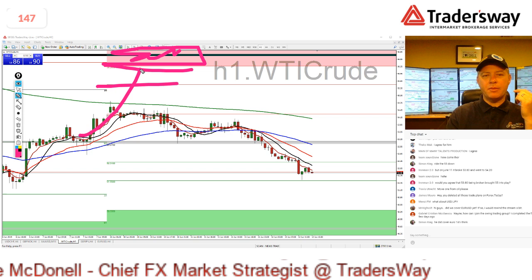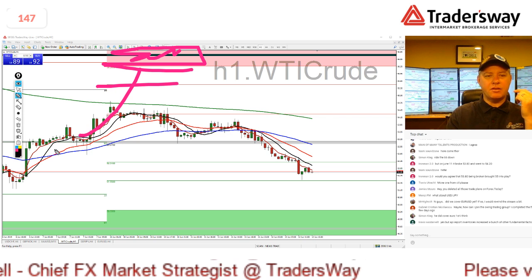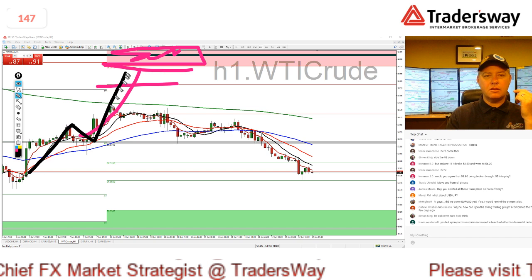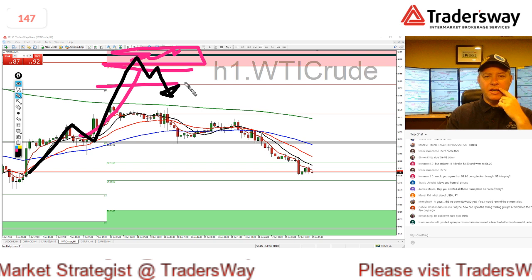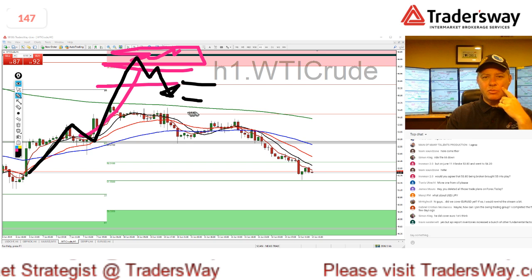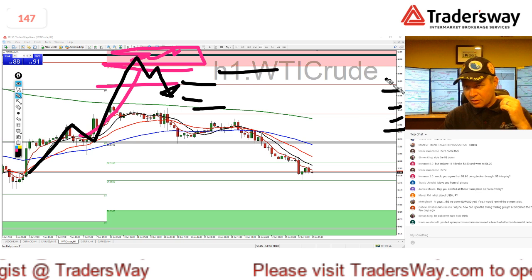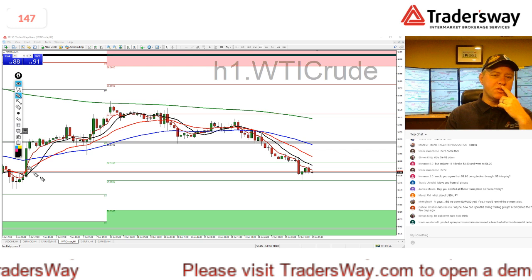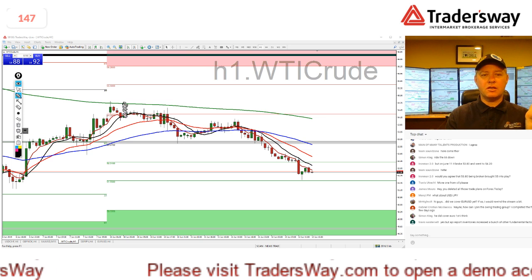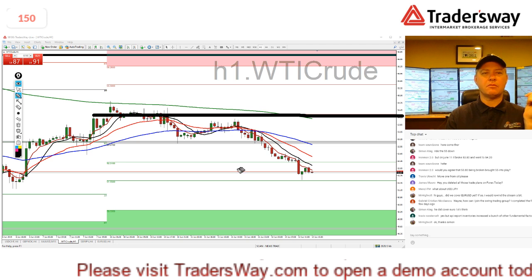So if we had popped up like this, Iron Man, then I would look for a counter trend. But I don't really care about this price or that price. And if they're psychological, I don't even really care. The only plan I would have as a bear for this entire week is sell right there.